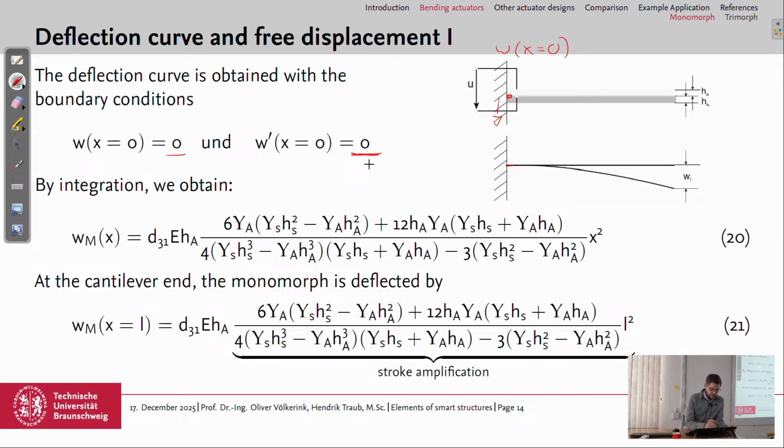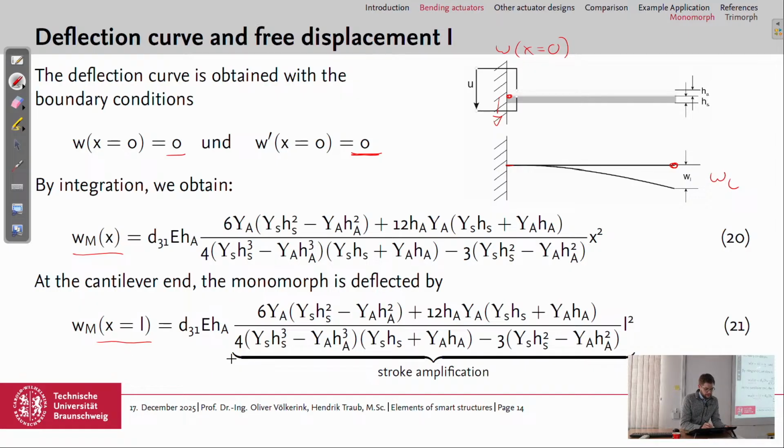And then after integration, we have this equation for the deflection in dependence of the x coordinate of the whole monomorph, and then we can look at the specific case at the position x equals L. So this is here at the end. So this is W L, for example, here in the picture.